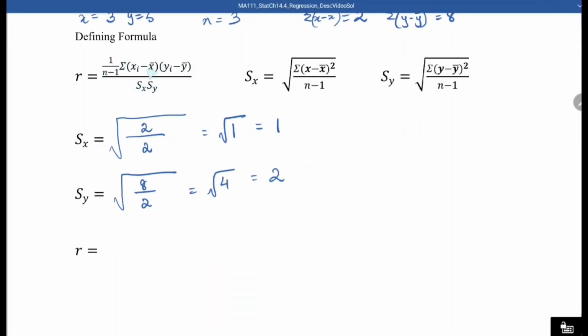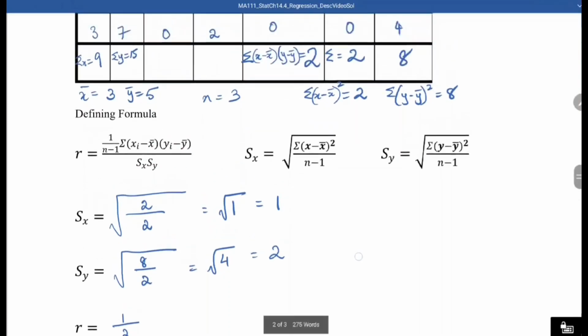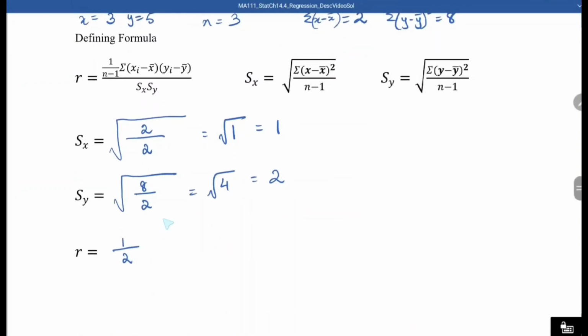just plug in the values for the variables. So 1 divided by n minus 1, which is 2, so 1/2, and then the sum of x minus x bar times y minus y bar, which is this value here, a 2, so times 2. This is a multiplication, that's our numerator.